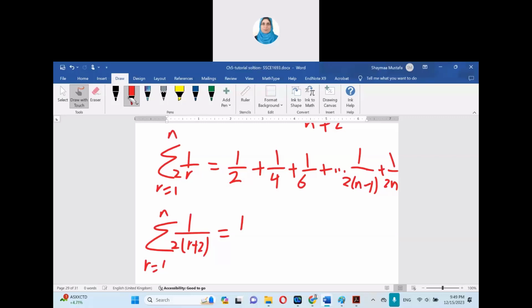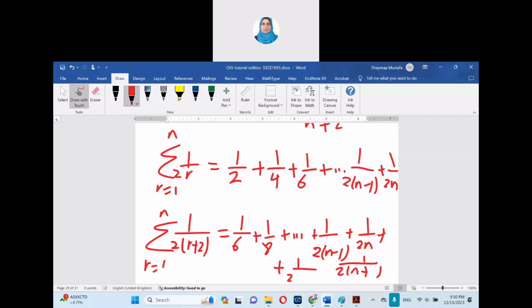Here, when r equal to 1, this is 1 over 6, 1 over 8, continue until we have 1 over 2n, 1 over 2(n+1), 1 over 2(n+2).